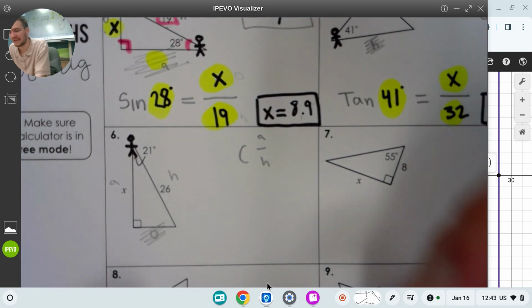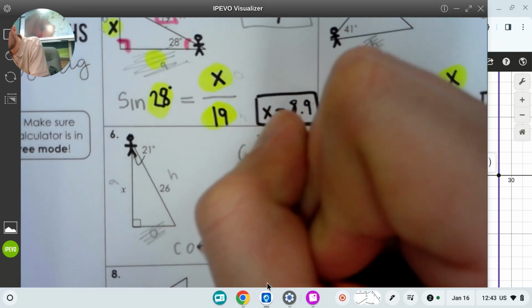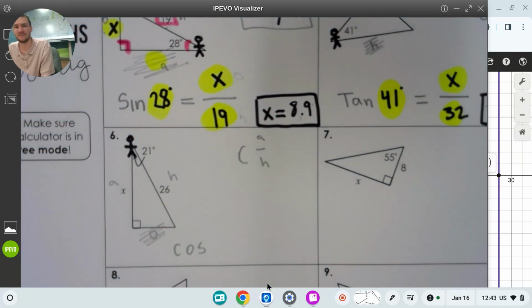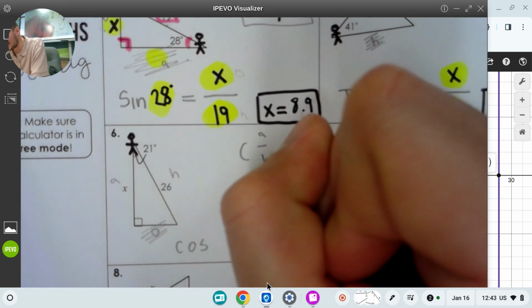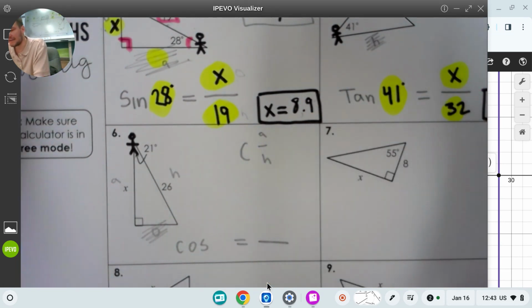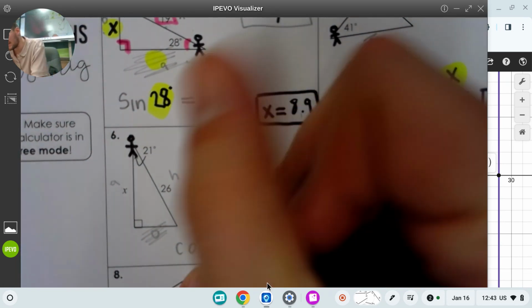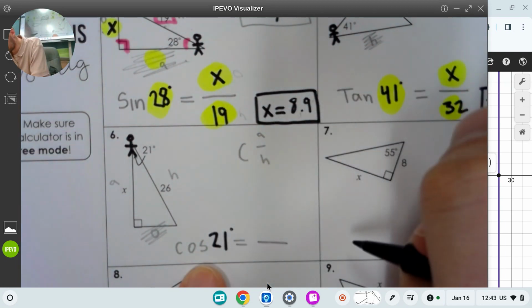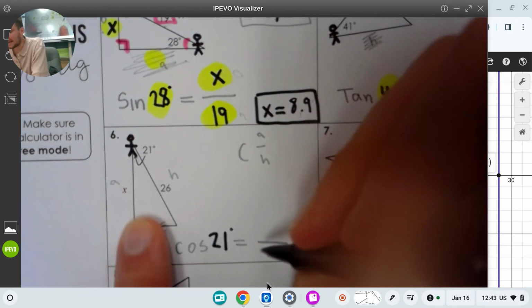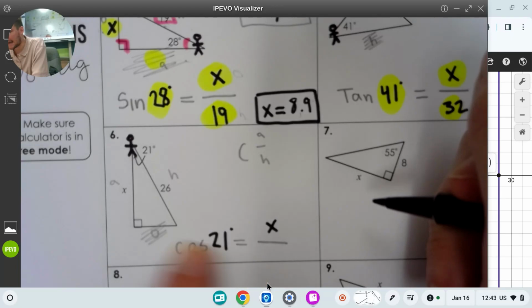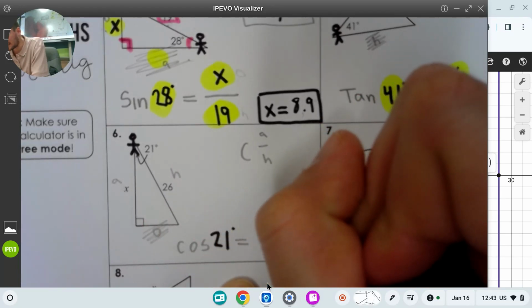And then we're going to set up our equation with COS, which is for cosine, equals fraction. The degree that goes here is 21. The A, which is the top, is an X, and the bottom is a 26.